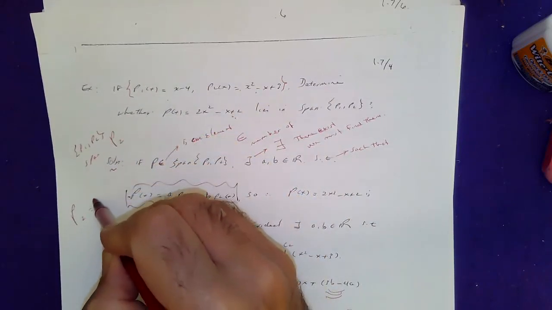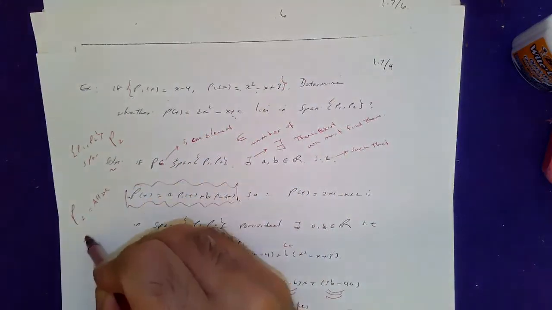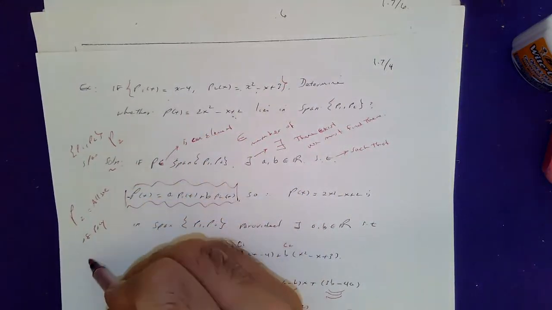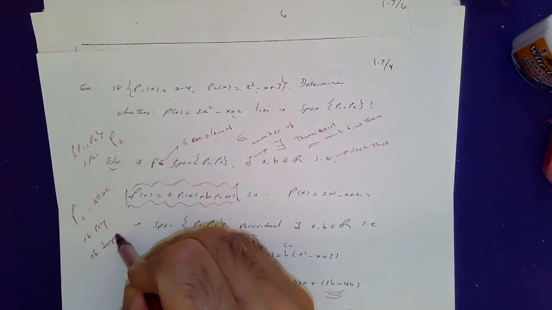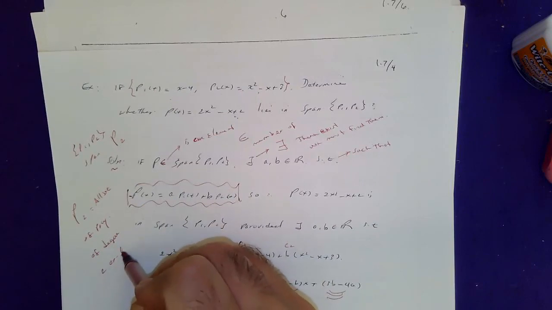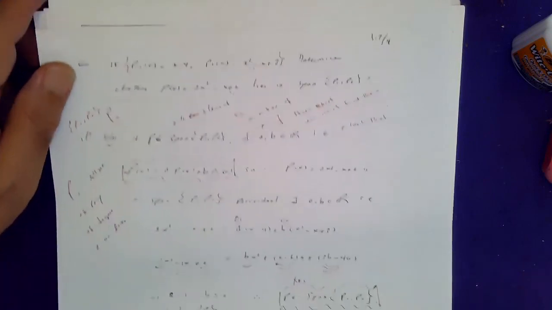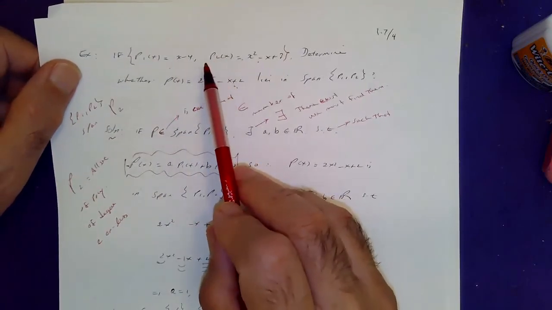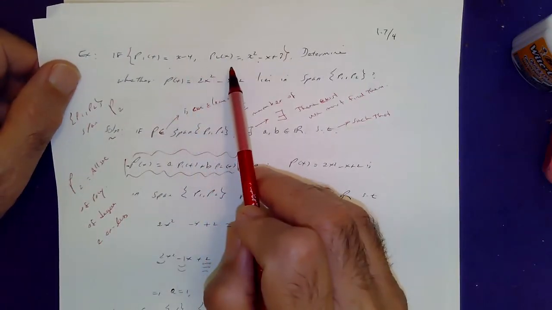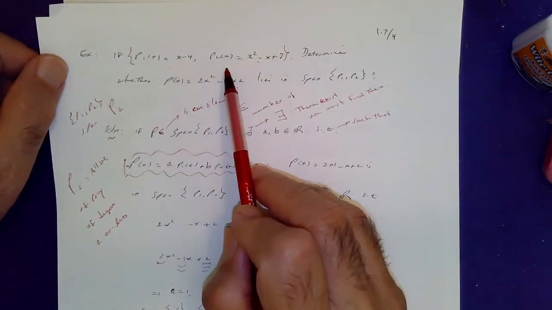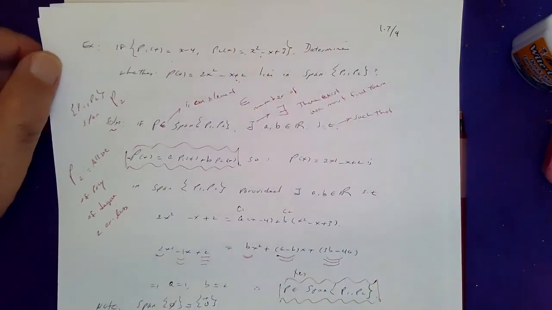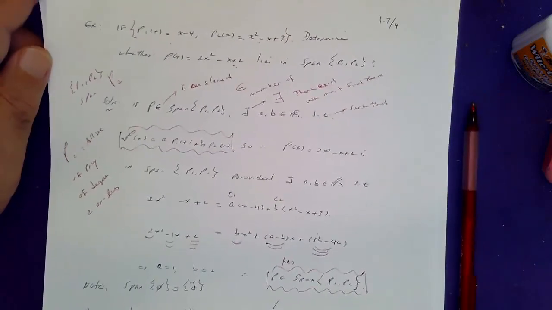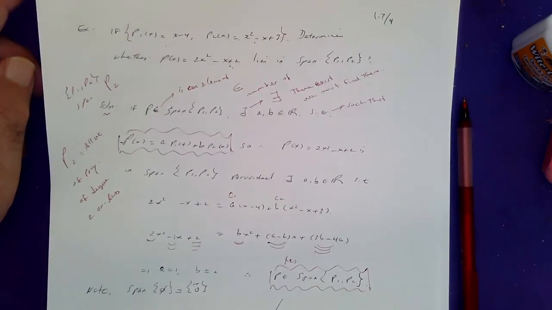Capital P2 means the set of all polynomials of degree 2 or less. So any polynomial of degree 2 or less, you can write as a linear combination of these two polynomials. And that will take care of spanning set and linear combination.